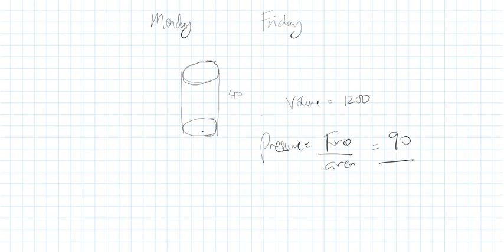So we need to have the value for the area. So what's the area of a cylinder? It's 90. Where would you get? No, 90 is the force here. The formula for area of a cylinder, what is it?